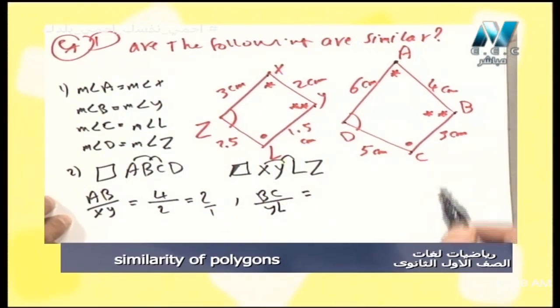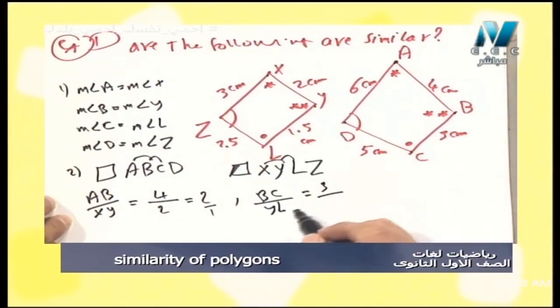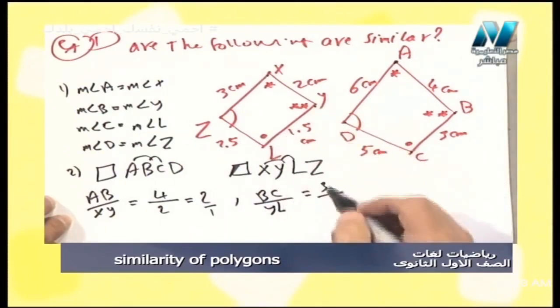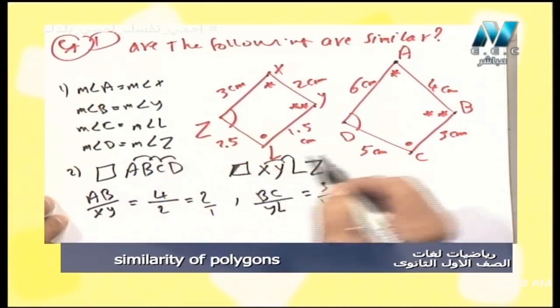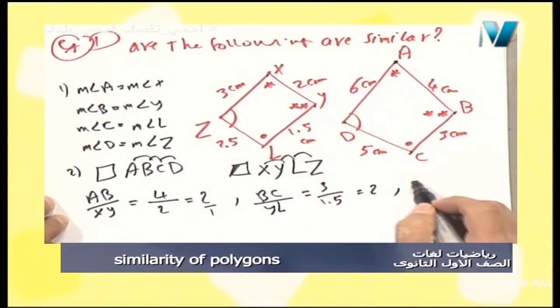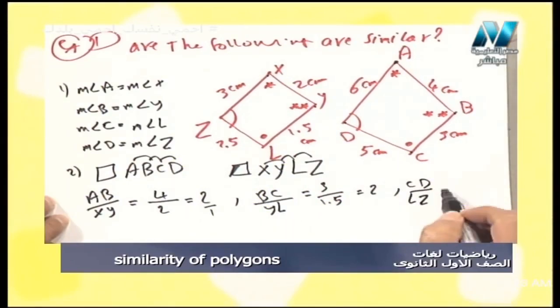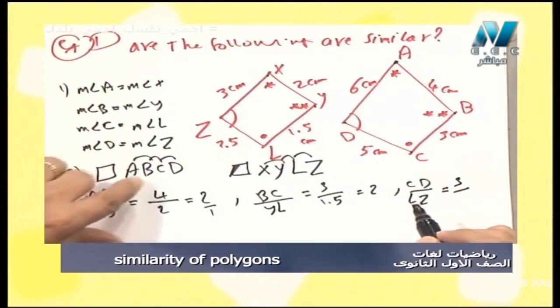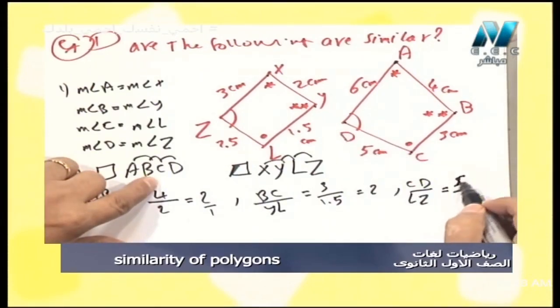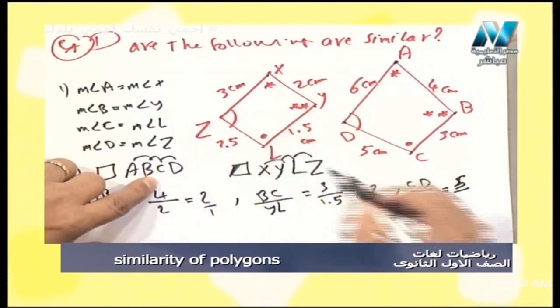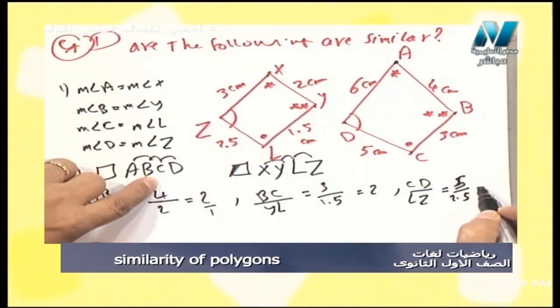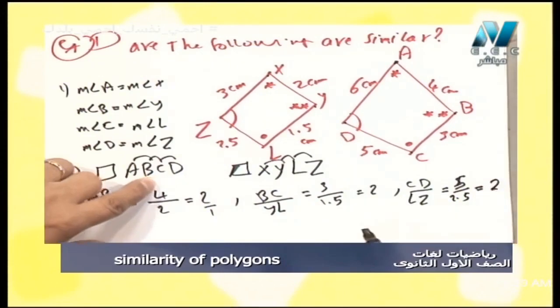BC here equals 3 and YL equals 1.5, so it's 2 also. The third ratio here, CD over LZ. CD is 5 over LZ, which is 2.5, and also equals 2.